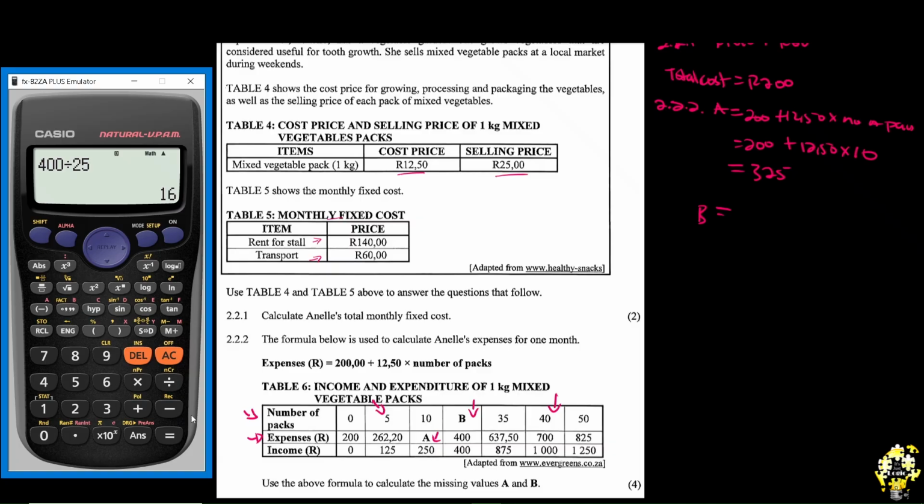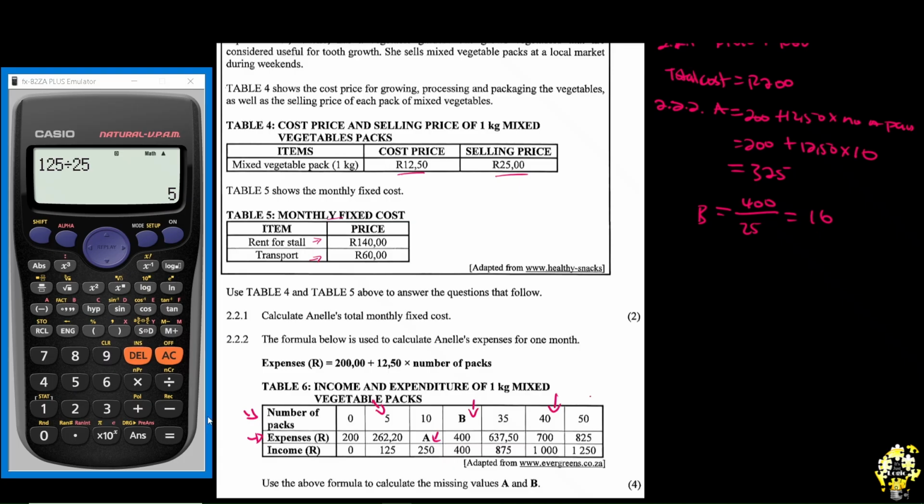How many did I exactly sell? Here you can say that 400, which was the income, divided by 25 rand, the selling price, gives 16 packs. But let's prove it, choosing another line at random to see that it's indeed correct. 125 divided by 25 is a 5, as you can see.